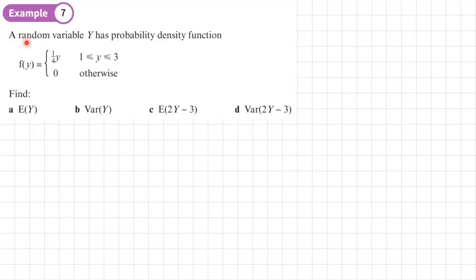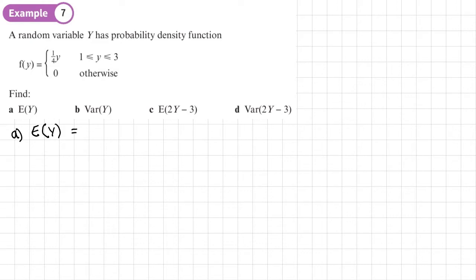Example 7. A random variable y has probability density function given by this: a quarter y for y between 1 and 3, including 1 and 3, and 0 for everything else. The first thing we want to do in part A is to find the mean of y.